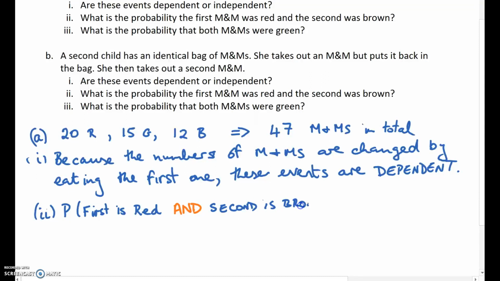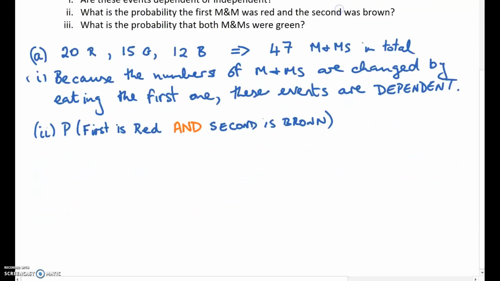Well, in probability, we said this earlier, in probability the word and means multiply. So what we do is we look at these two events individually and multiply the answers. So the probability that the first is red multiplied by the probability that the second is brown.